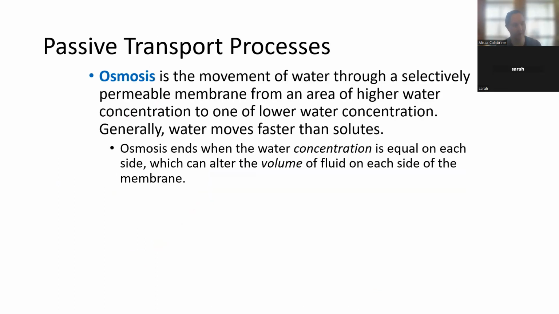So now we get to a really important type of passive transport, which is osmosis. So osmosis is still a passive process, but it's a very specific kind of diffusion. So this is the diffusion of water only.